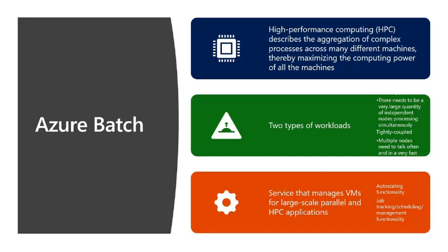Some examples of intrinsically parallel workloads you can bring to Batch: financial risk modeling using Monte Carlo simulations, VFX, image analysis, media transcoding, genetic sequence analysis, optical character recognition, and many more.